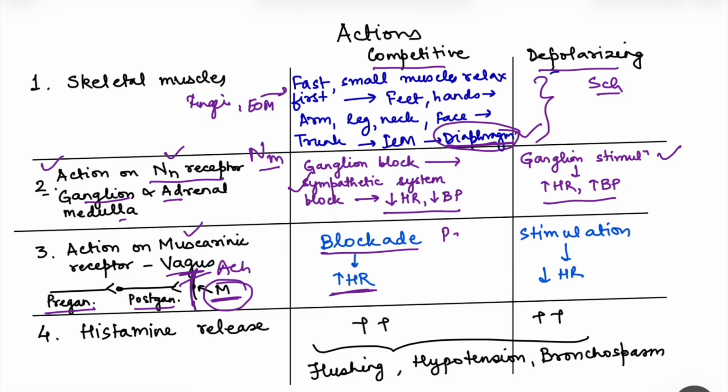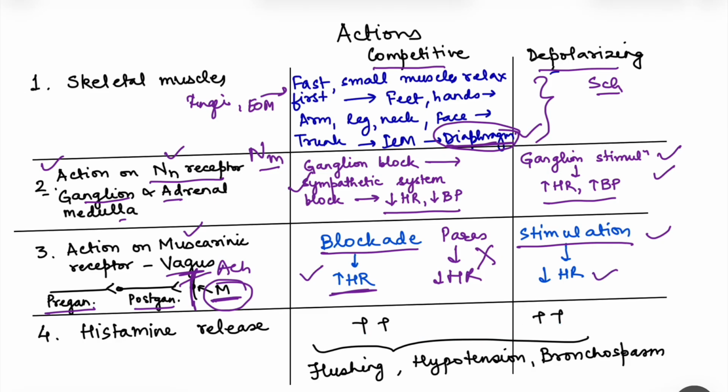The parasympathetic system decreases the heart rate, and now that these muscarinic receptors are blocked, that will lead to increase in heart rate. On the other hand, the depolarizing blockers are going to stimulate the receptors. Their mechanism of action is by stimulation, so they are going to stimulate the ganglia and also the vagus, and this is going to cause decrease in heart rate.